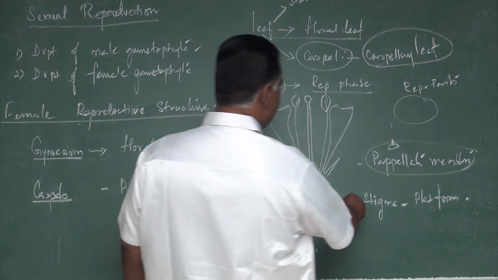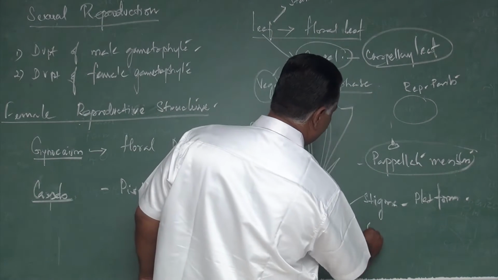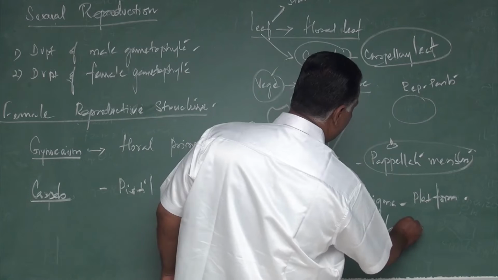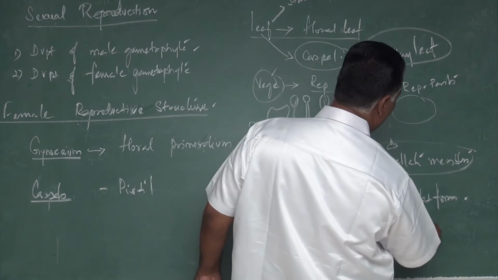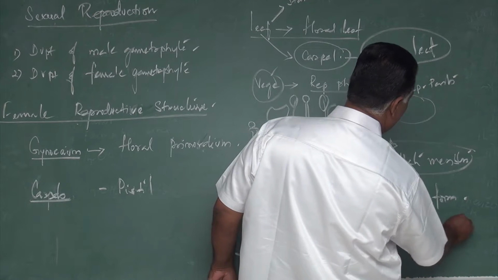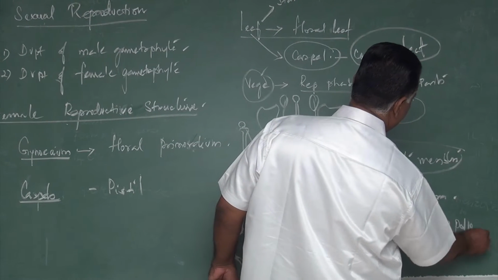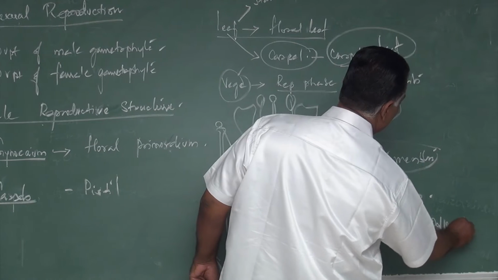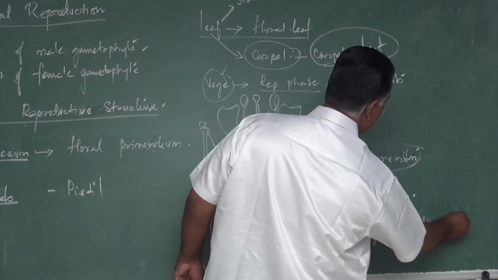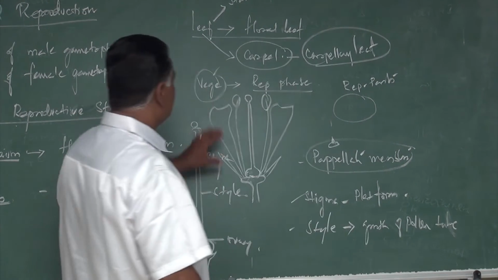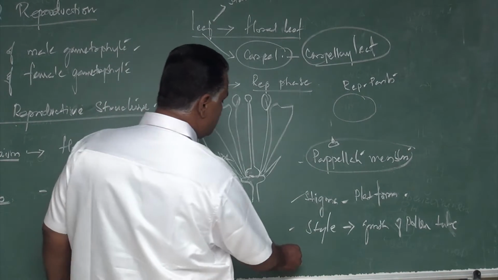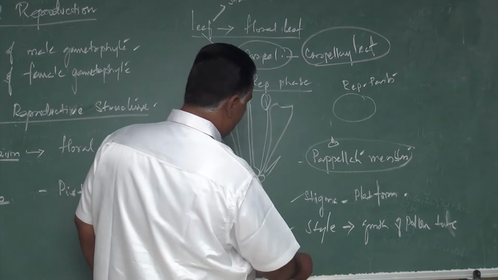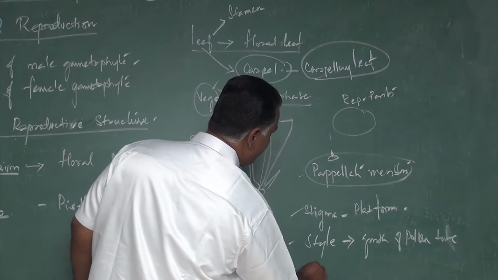So stigma is for that. Then style. Style is a column of tissue which is a space for growth of pollen grain, the pollen tube. See, the style may be short or long depending upon the species. And the last broad part at the base is called ovary.